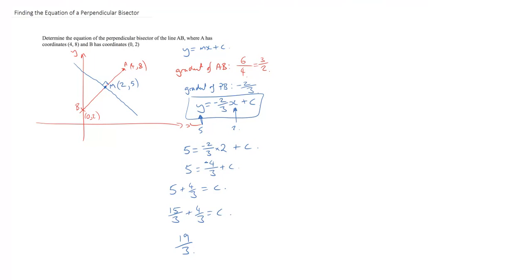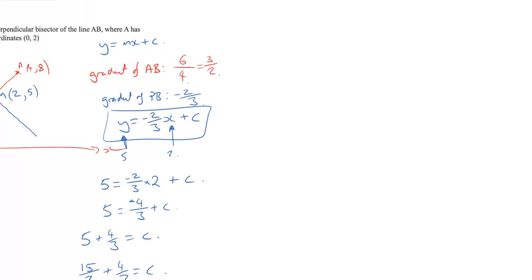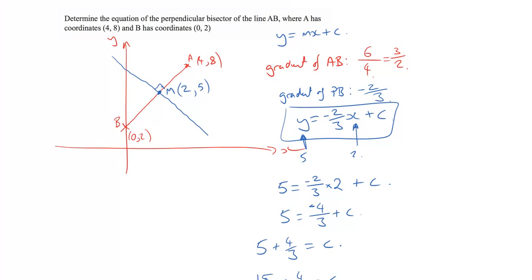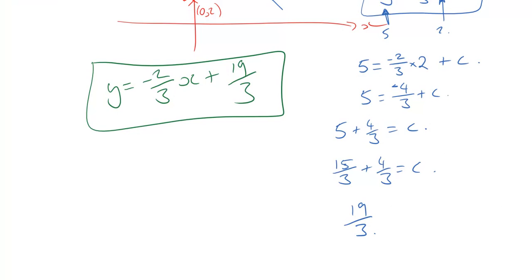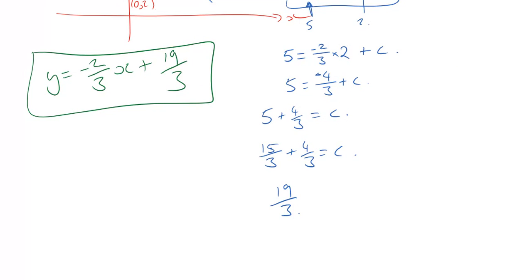Now then, let's put that 19 over 3 into the equation that we found. So my final answer, or perhaps we'll write this in green, is y is equal to minus 2 over 3 x plus 19 over 3. There we go. So that's the equation of our perpendicular bisector. Now, we again might want to tidy this up and write this in a better format without the fractions.